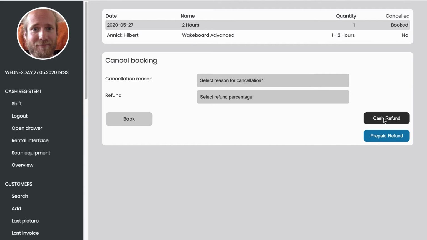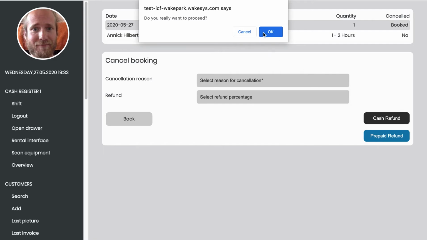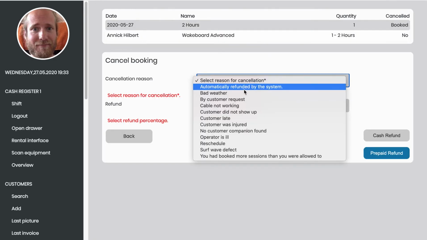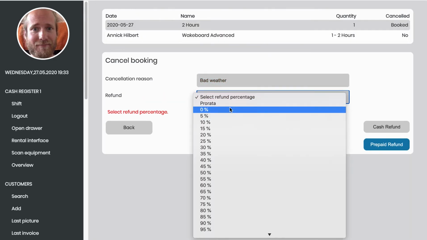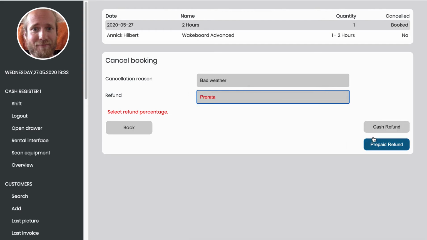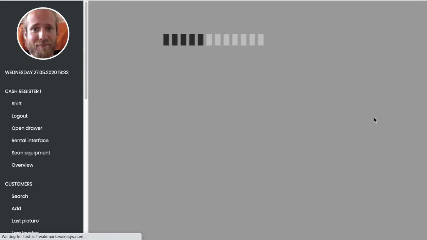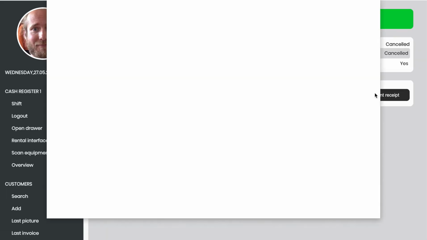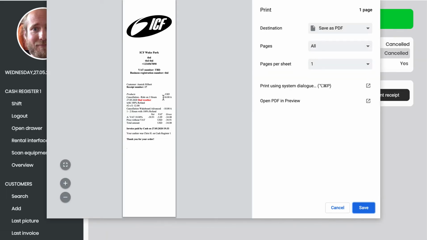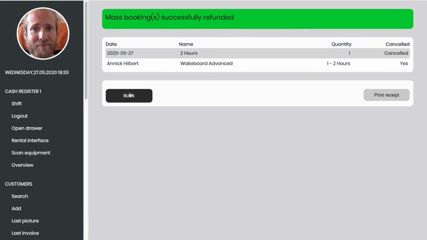So this will give you back the money from the ticket and the rental equipment, so 34 euros.